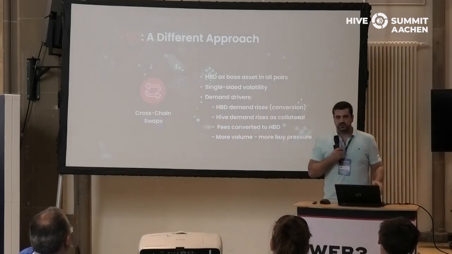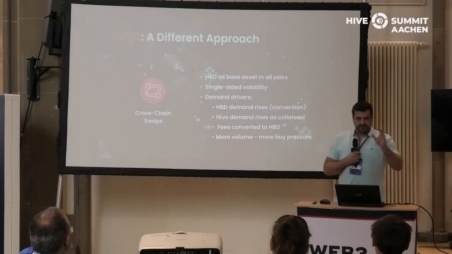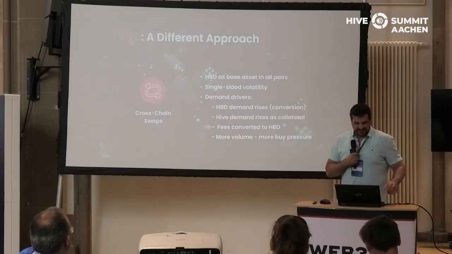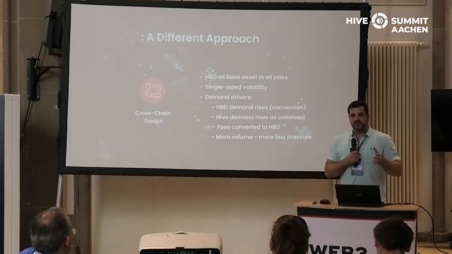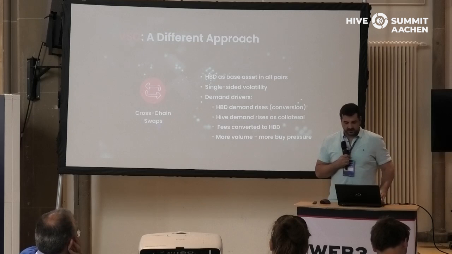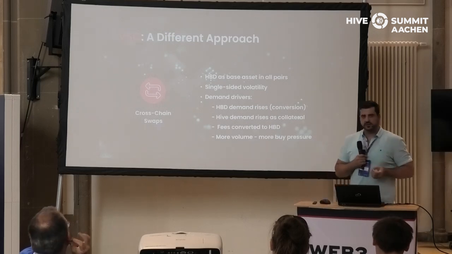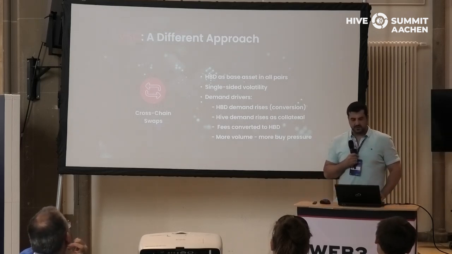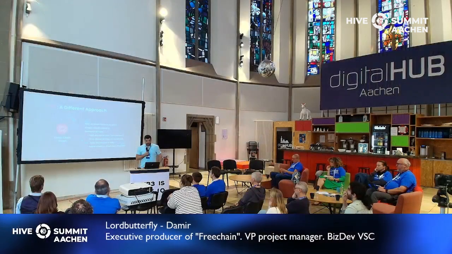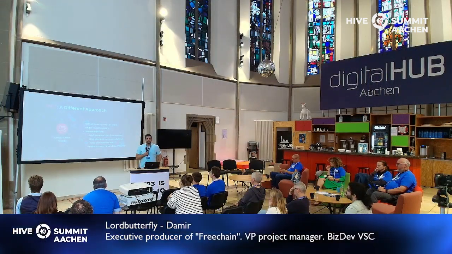So some of you, even though I rambled on about how this works, might ask, what does this do for Hive? I'm not going to talk about what it does for the price. Nobody knows what's going to happen to the price, but I could talk a bit about the actual demand. You actually have demand drivers from three sides.